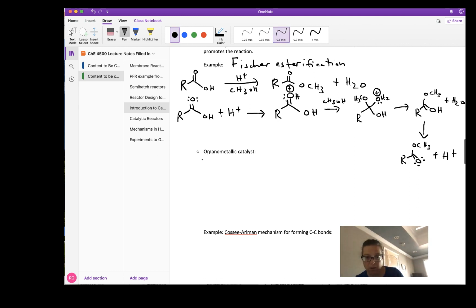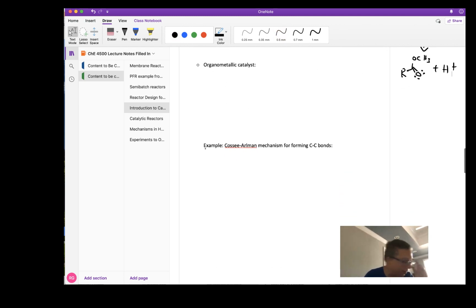Another example is an organometallic catalyst, for example, a ligated metal cation. So one example is a metallocene. So we'll say e.g., which means for example, a metallocene.